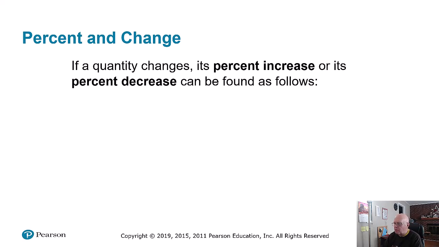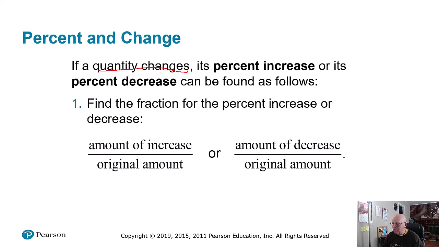So if the price or whatever it is changes, can be other things too as well as price, the percent increase or decrease can be found like this. First of all, you calculate how much it's increased or decreased.